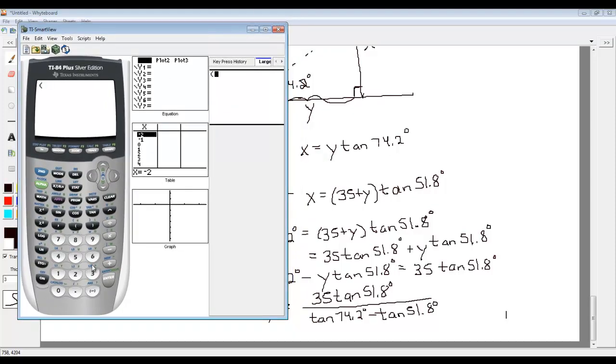In the numerator, I got 35 times tan of 51.8. Then divided by the denominator, I got tan of 74.2 minus tan of 51.8. Hit enter.